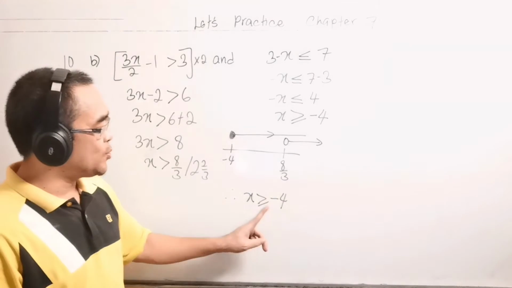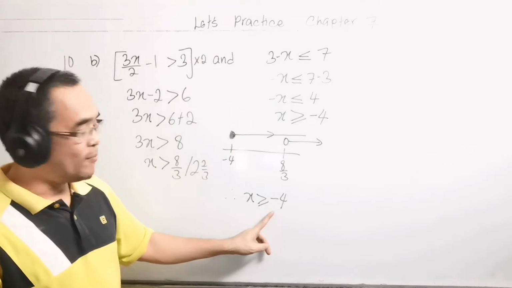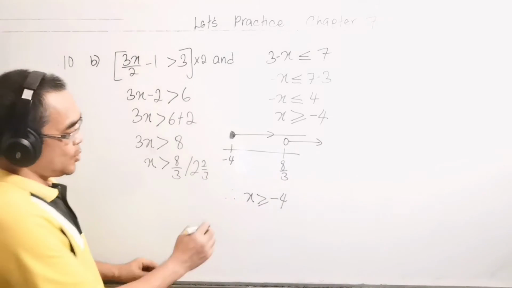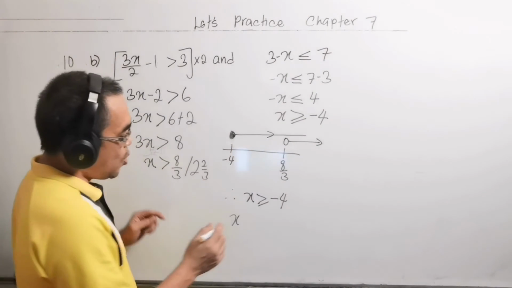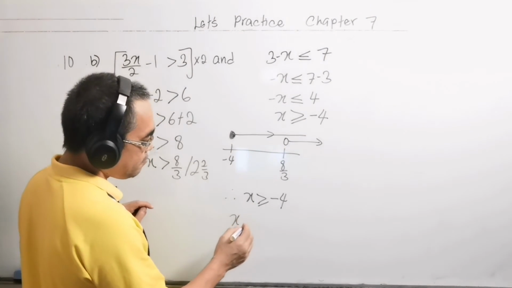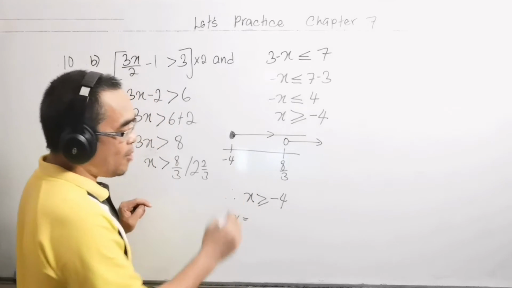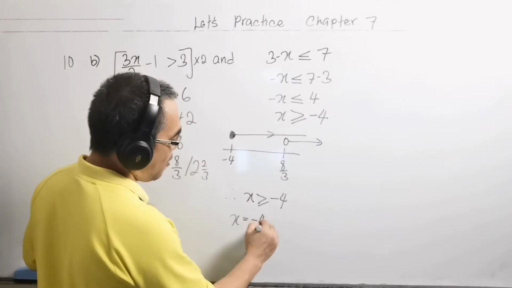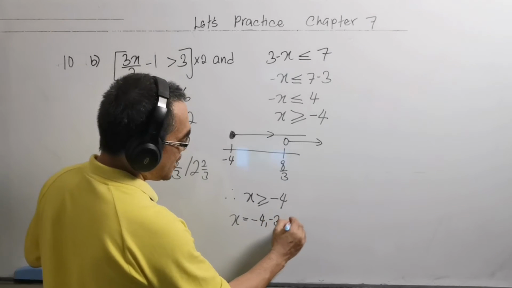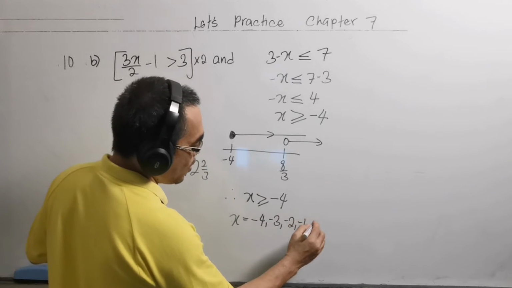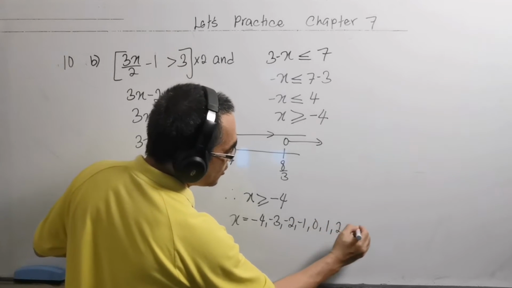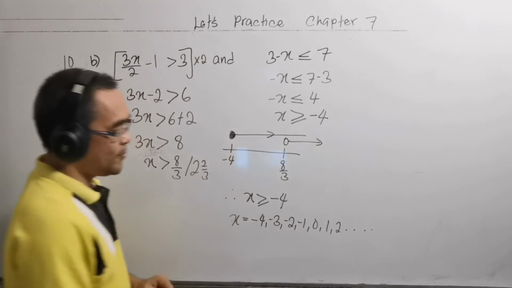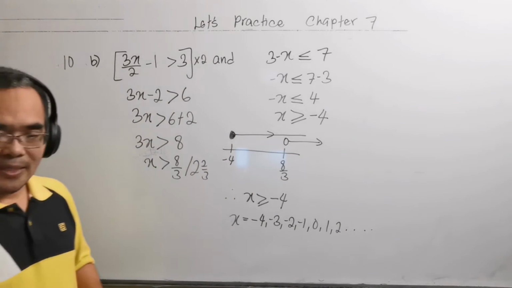Okay, so that is why we just take one of the info. So if x is a whole number, we could list some of the values: negative 4, negative 3, negative 2, negative 1, 0, 1, 2, dot, dot, dot. Okay? Dot, dot, dot means unlimited.